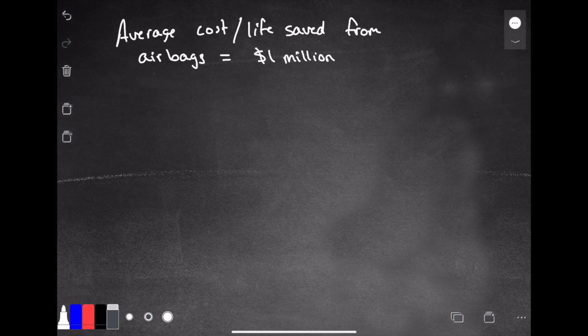In other words, it takes $1 million worth of airbags installed in cars to save 1 additional life on average. Now this might seem a bit weird, but think of it this way. How many people get in accidents where having an airbag was the only reason that they survived the crash? Well, the answer is probably not that many. And so it's going to take a lot of airbags to save 1 life. So $1 million per life saved might not be too bad of an estimate.